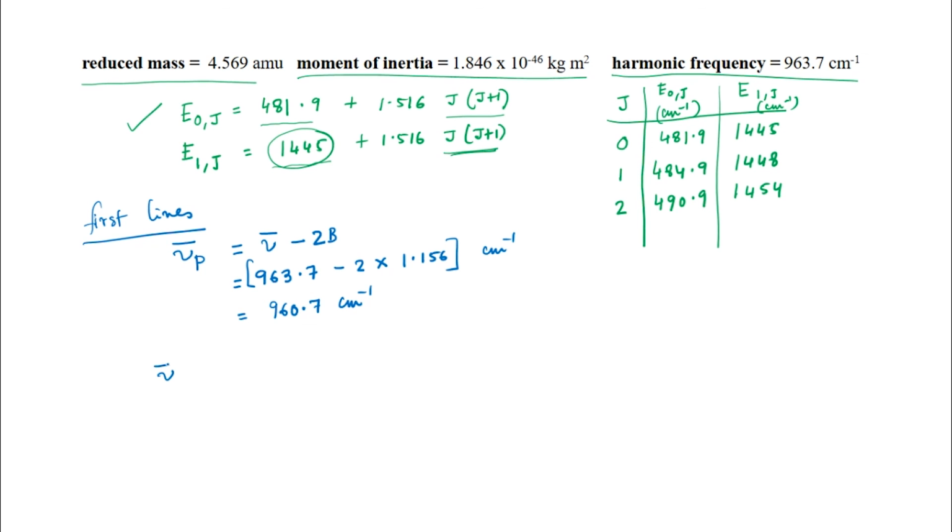Now, for the R branch, that is nu bar R is given by nu bar plus 2 b. So, now the answer will be 963.7 plus 2 times 1.156 wave numbers, and so this will be 966.7 wave numbers.